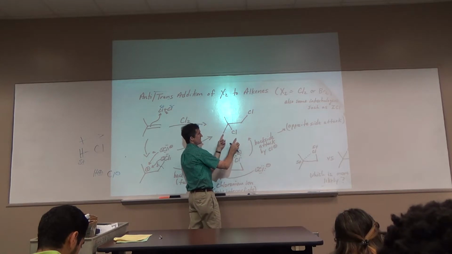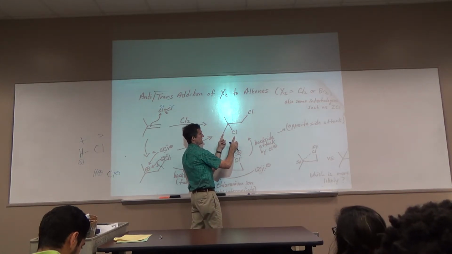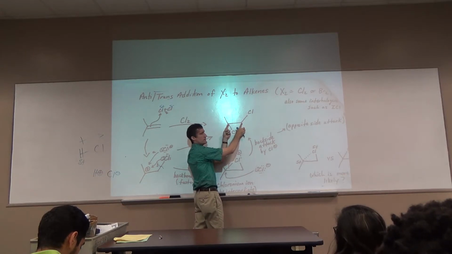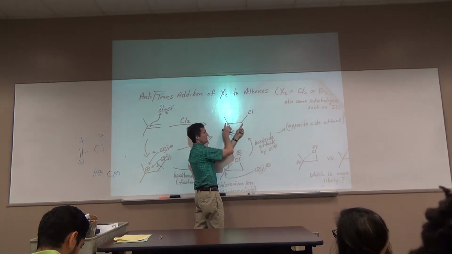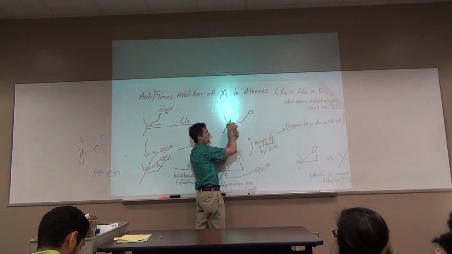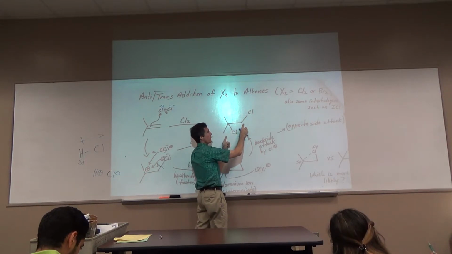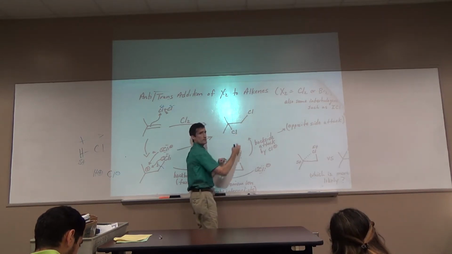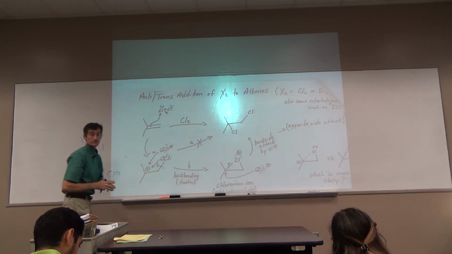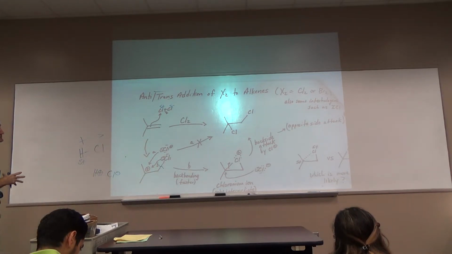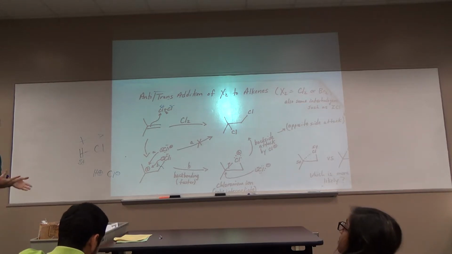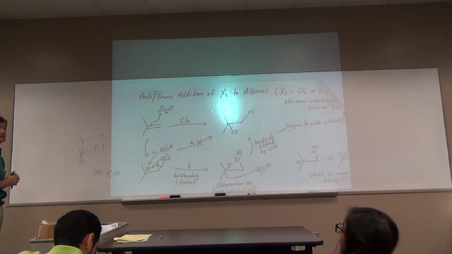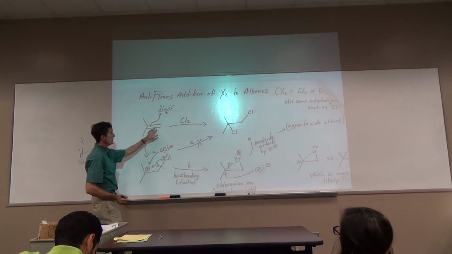Because if it was HCl, the H would be here and the chlorine would be here, as opposed to opposite. Do we have to even worry about that with this? No, if I put this chlorine here and that chlorine there, it would be the same exact result, right? So there's actually no regiochemistry in this reaction. You don't even have to think about that. Chlorine on each carbon.